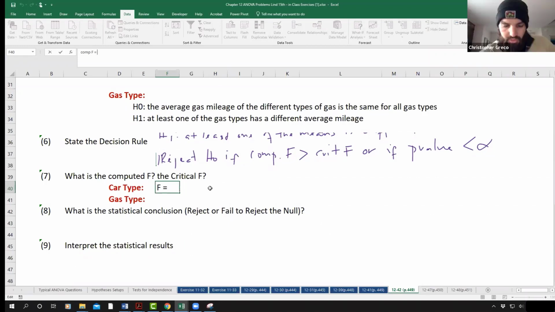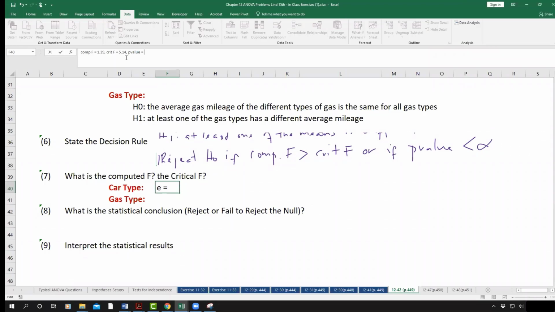I got 1.39. Which one is that, Chris? The computed F for the car type. Okay, 1.39, thank you. And then the critical F? I got 5.14. Okay, thank you. And the p-value? This has got to be a big number, bigger than the significance level. I got 0.319. Okay, all right.